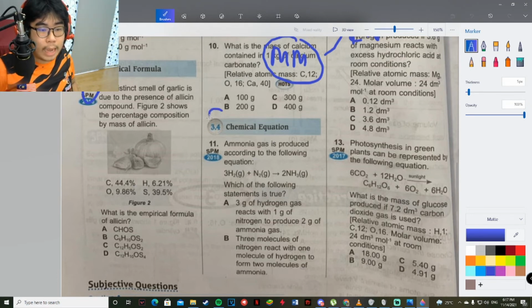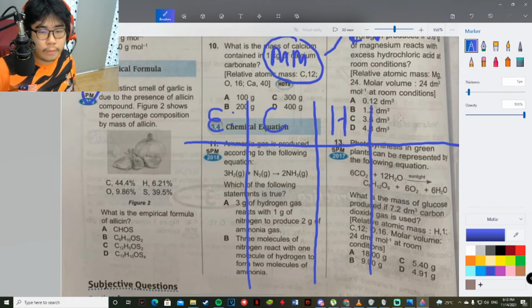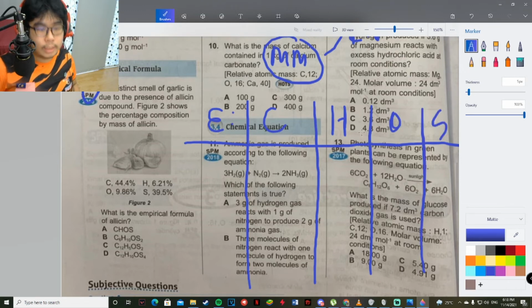First, I'll put E for element, alright? Then you make a line here, and there are 4 elements here. You have C, you have H, you have O, you have S. CHOS.